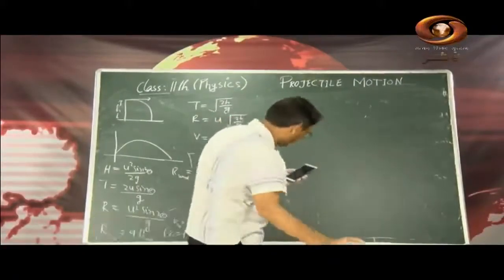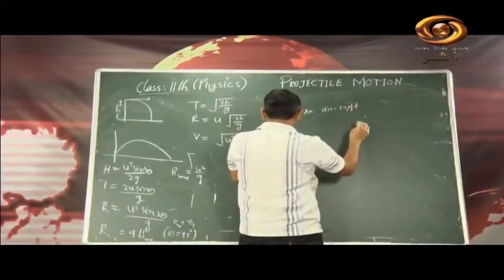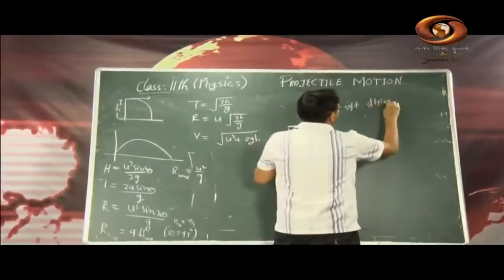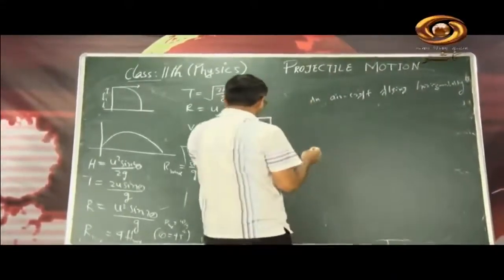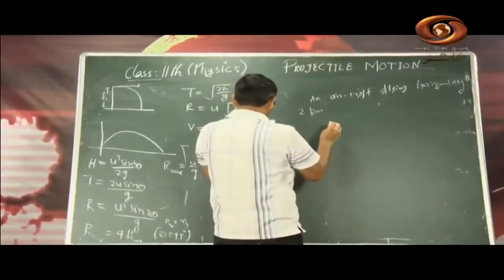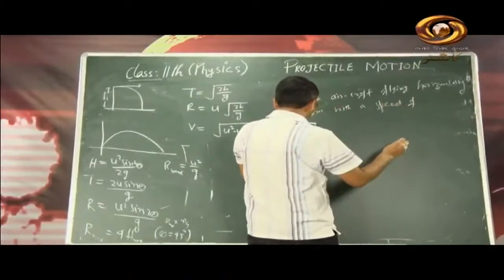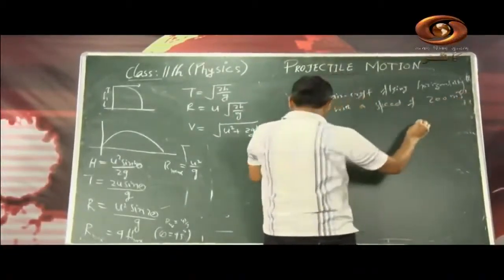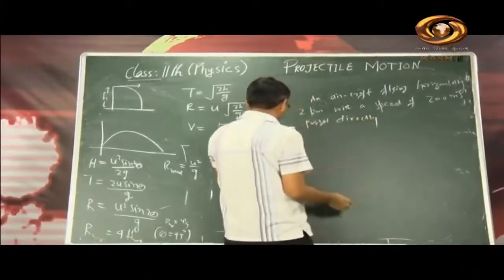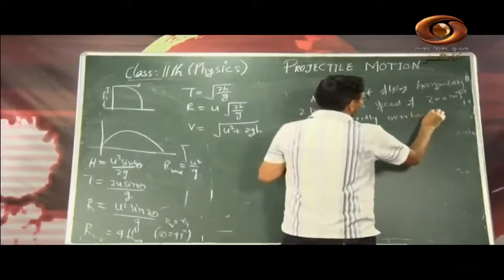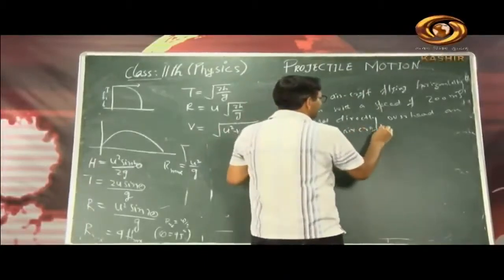Let us do one more numerical. An aircraft flying horizontally 2 kilometers high with a speed of 200 meters per second passes directly overhead an anti-aircraft gun.